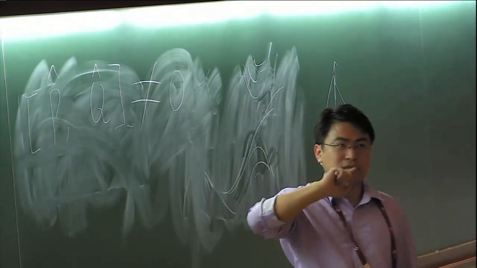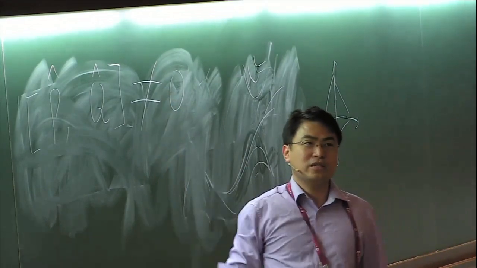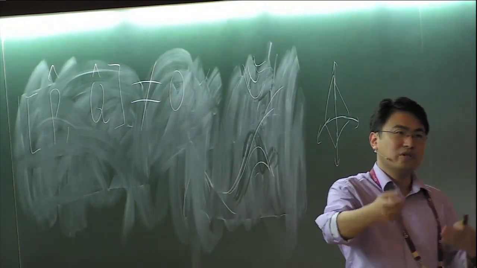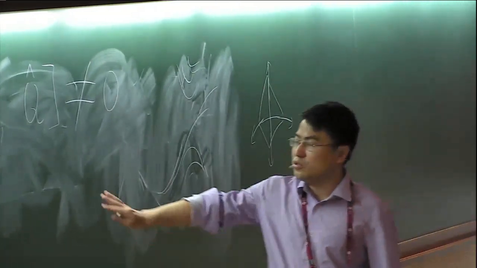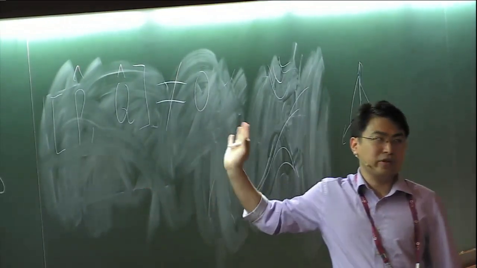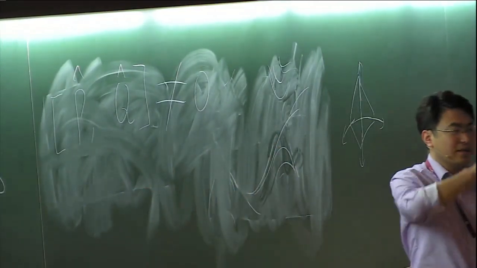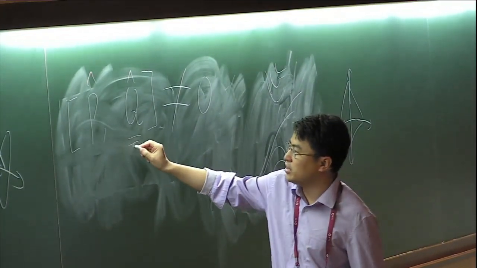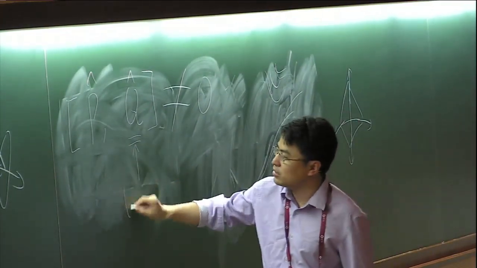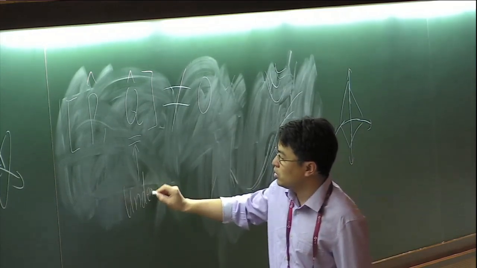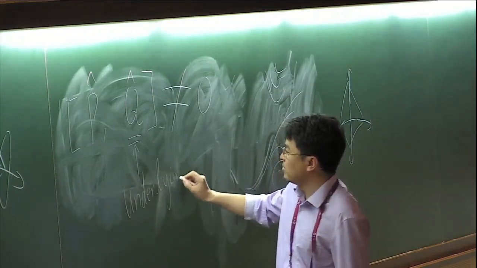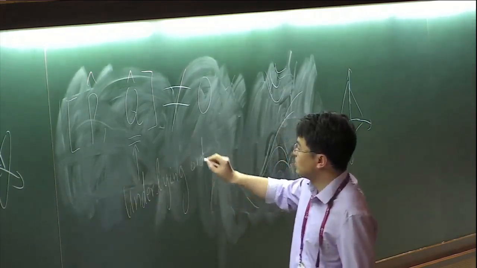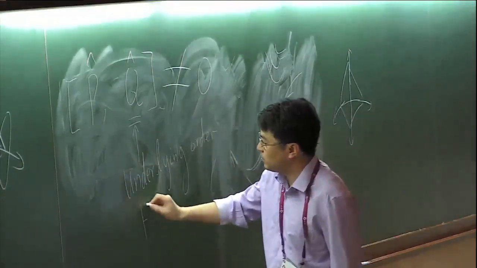Consider two Hermitian operators, which correspond to physical observables, P and Q. They do not commute. Imagine Q is the operator corresponding to the underlying order, or hidden order.